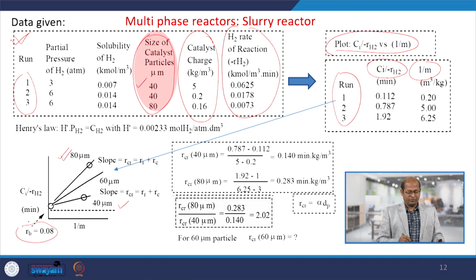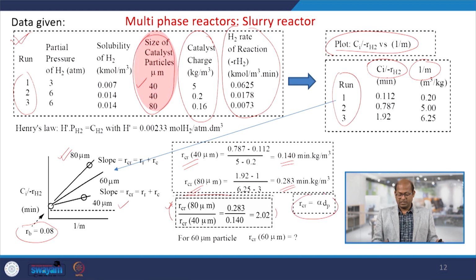Rb is also given, 0.08 minutes, the gas phase absorption resistance, and from the slope we can get Cr for 80 micron and 40 micron particles each. This we have also evaluated. Similarly, if we take the ratio of Cr for 40 microns and 80 microns, we get this.